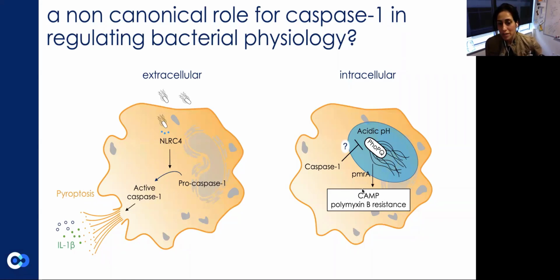But because polymyxin B mimics these antimicrobial peptides, we see that same phenomenon with polymyxin B as well. So evolutionarily, we think that in the subset of surviving cells, this is a host strategy for pro-caspase-1 to inhibit antimicrobial resistance of bacteria and make them more susceptible so that the host can clear these intracellular bacteria.